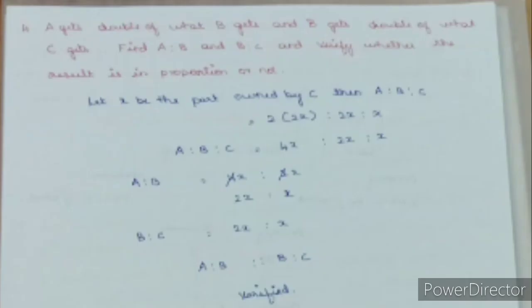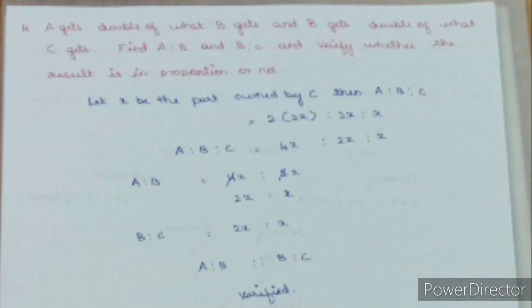See the fourth question. A gets double of what B gets and B gets double of what C gets. Find A is to B and B is to C and verify whether the result is in proportion or not.